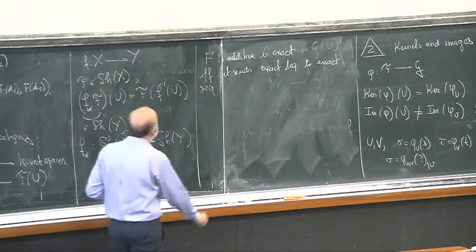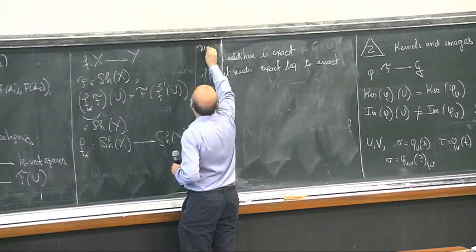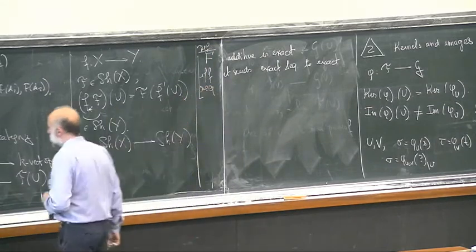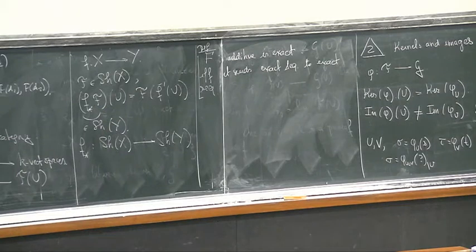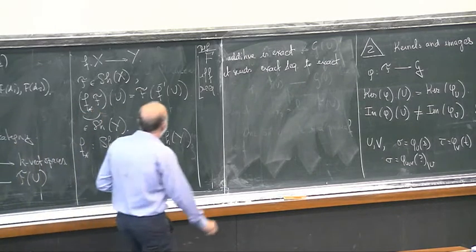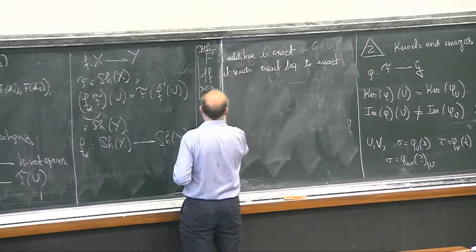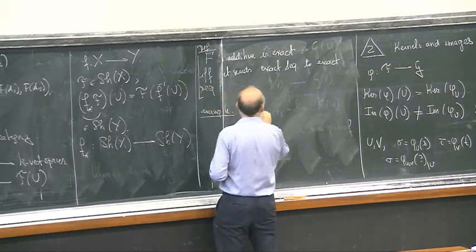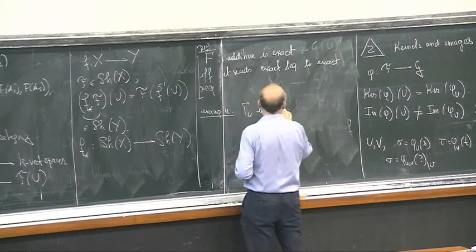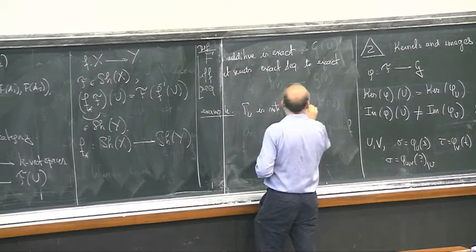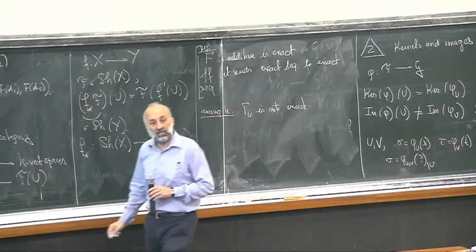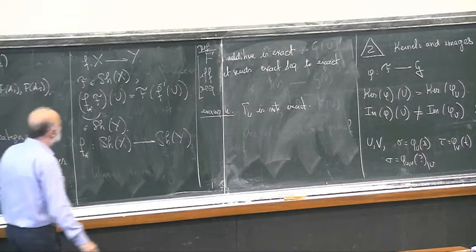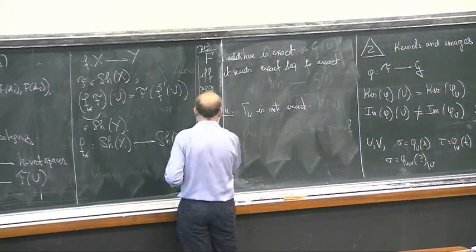That's the definition. So for example, you can see that gamma U is not exact. Well, that's the example I gave you before. The example I gave you, that's the only example I gave you.